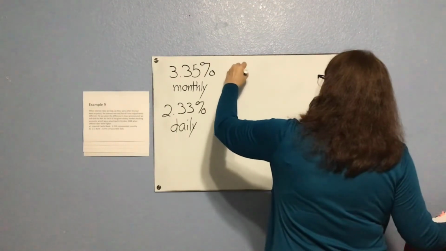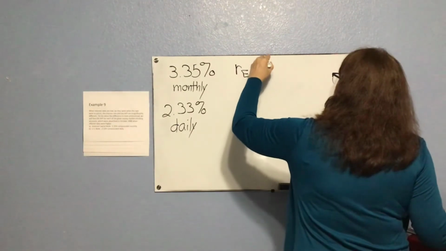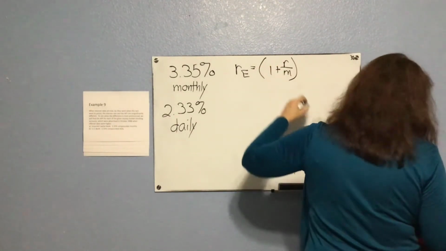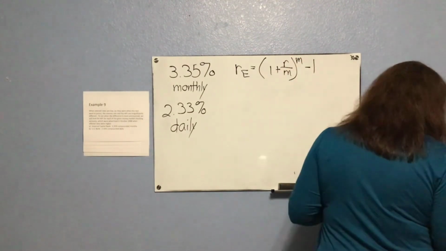So here again is our equation. The effective rate is equal to 1 plus R over M to the M power minus 1.